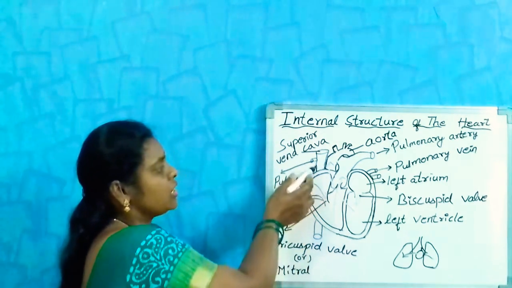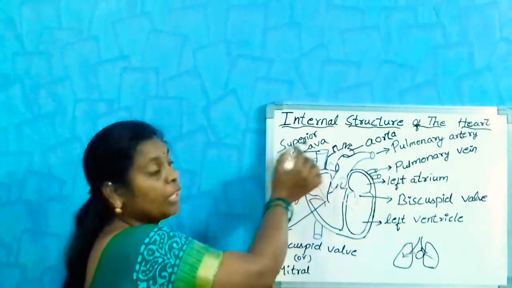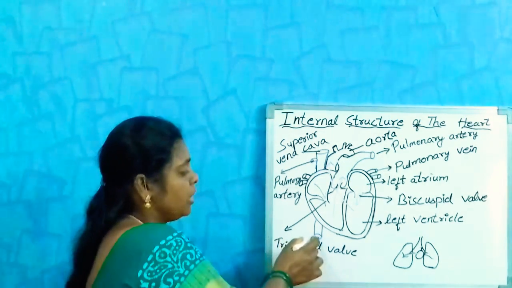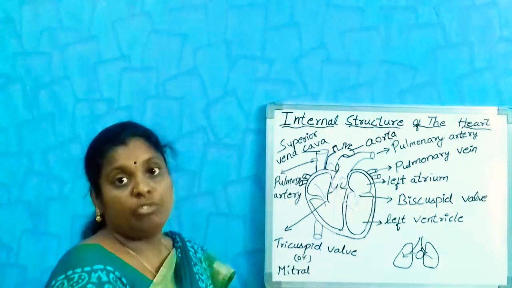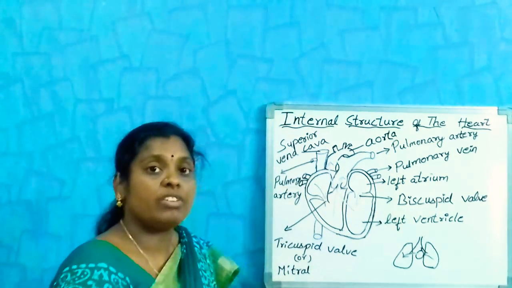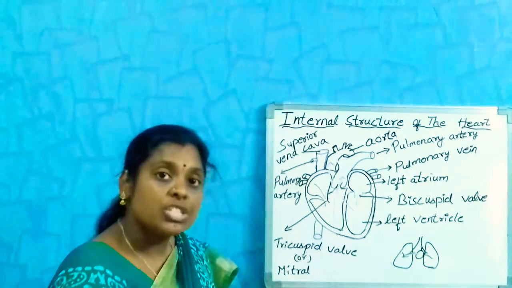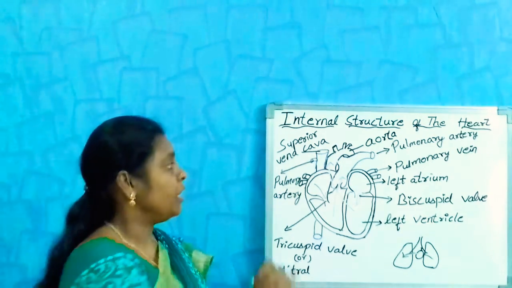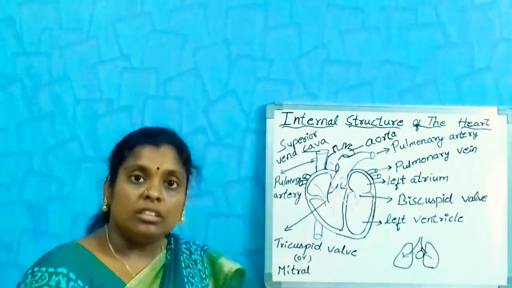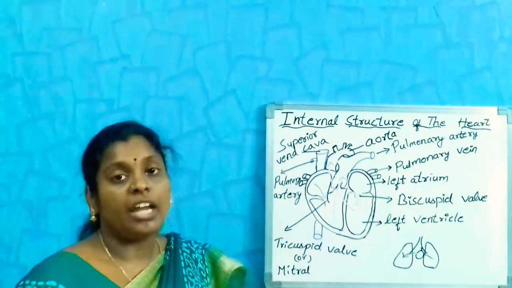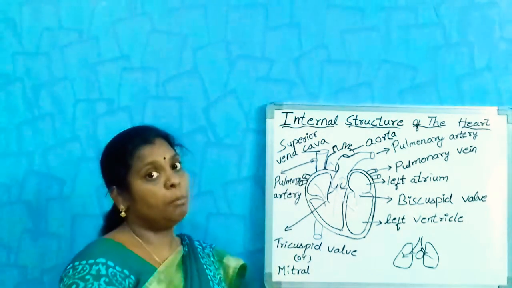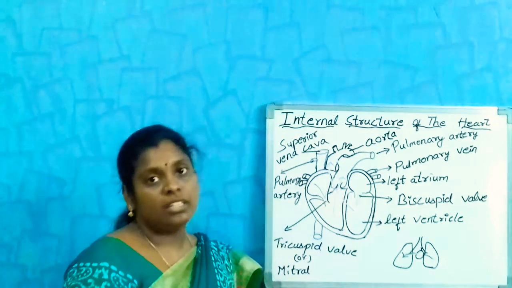So here you can see the blue colored one is the superior vena cava, and the lower one, if you observe here, is the inferior vena cava. The superior and inferior vena cava bring the deoxygenated blood. The superior one brings it from the anterior part of the body, from the neck and head.